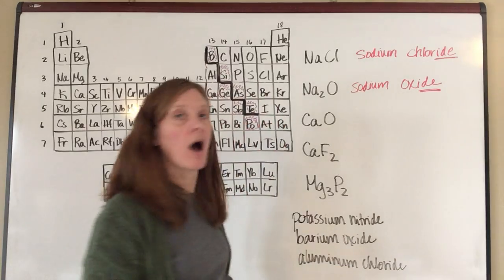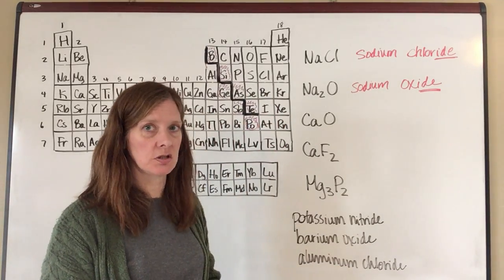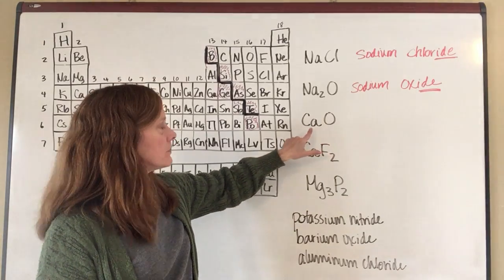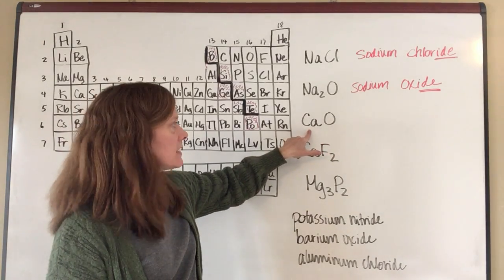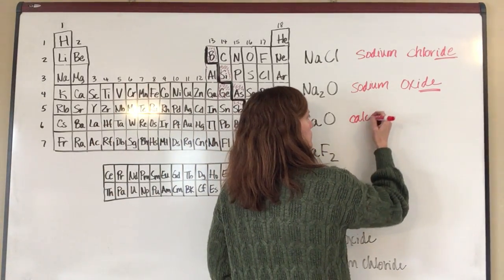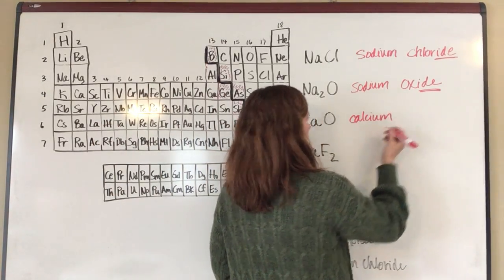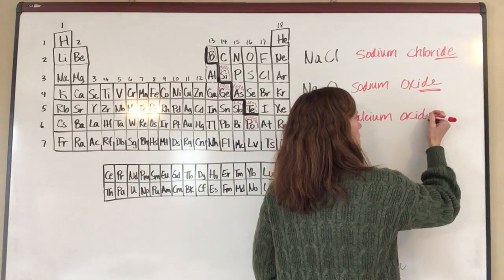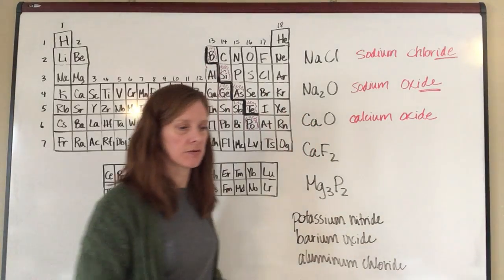Okay, sodium oxide. What about this one? Well, the first element just gets named the way it is. So Ca stands for calcium. And same thing here, oxygen is going to become oxide with an IDE on the end.